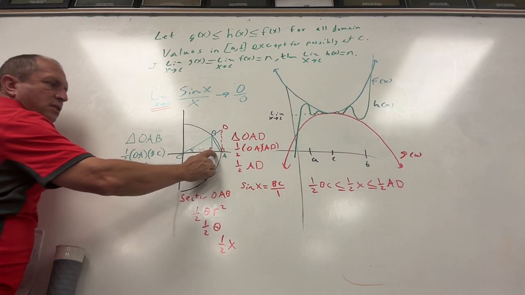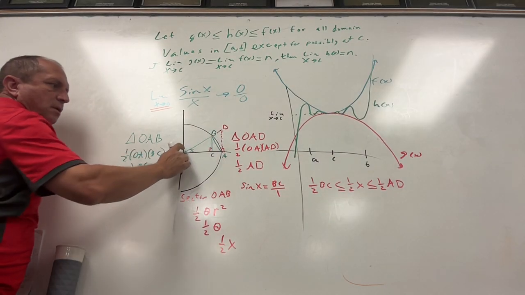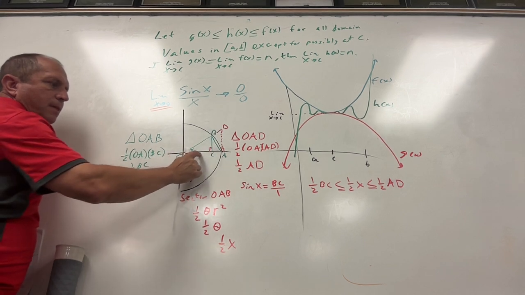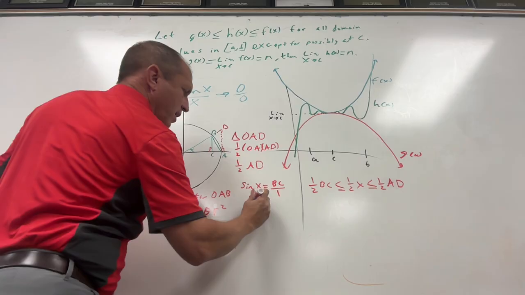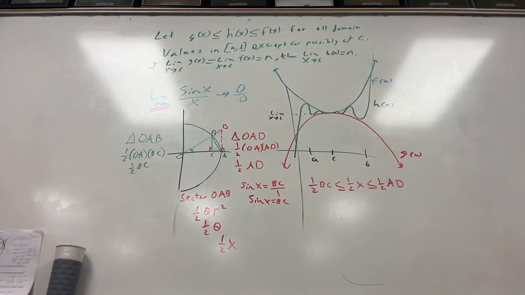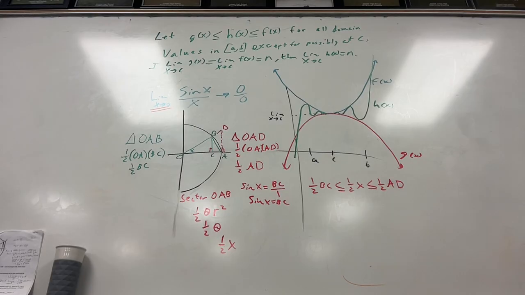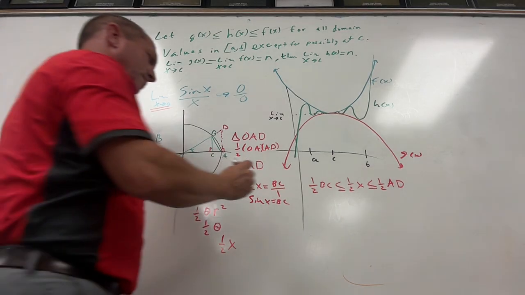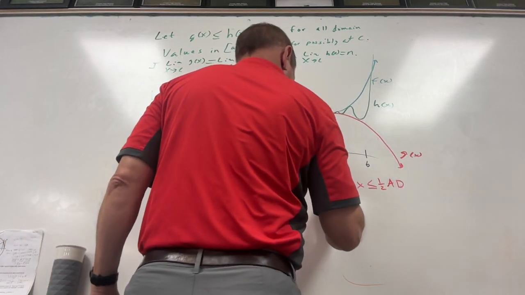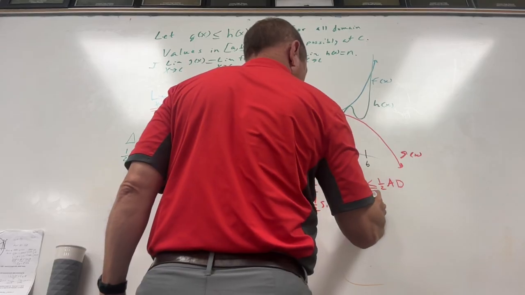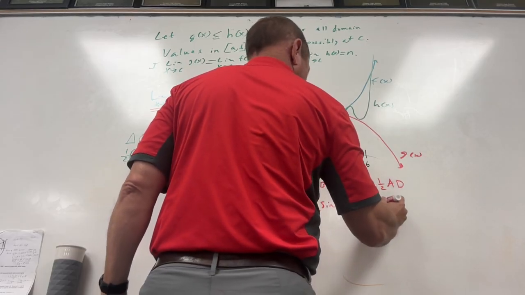So if this is the adjacent and this is the opposite, the hypotenuse would be 1. So the sine of x is equal to BC. Are we okay? Okay, so 1/2 sine of x is less than or equal to 1/2 of x, which is less than or equal to.